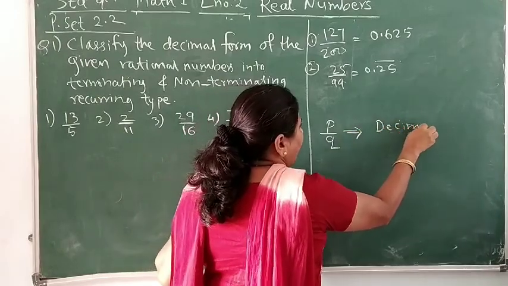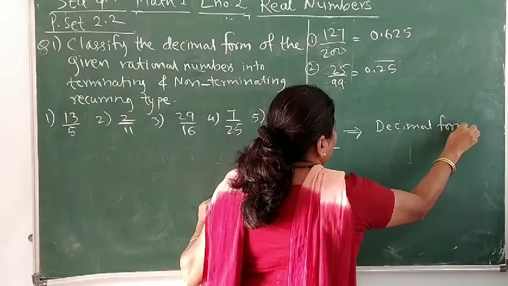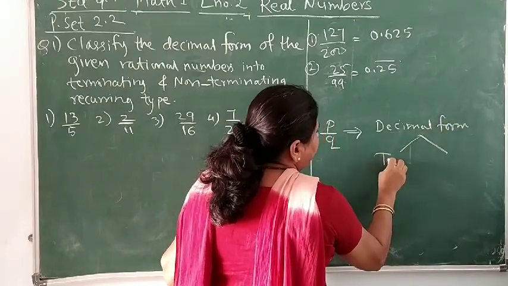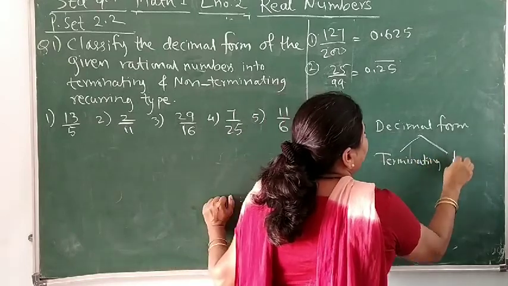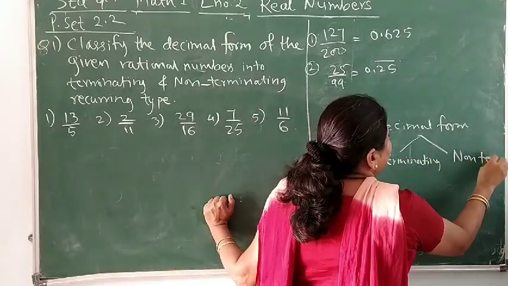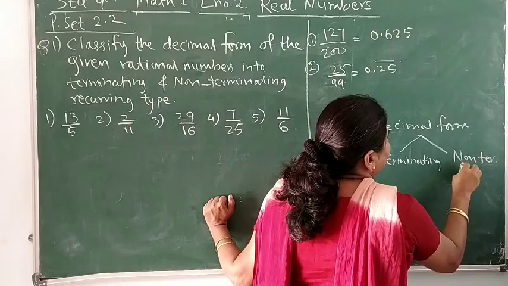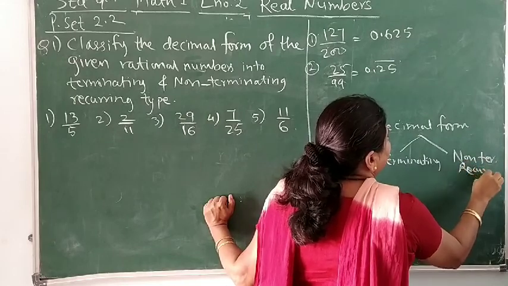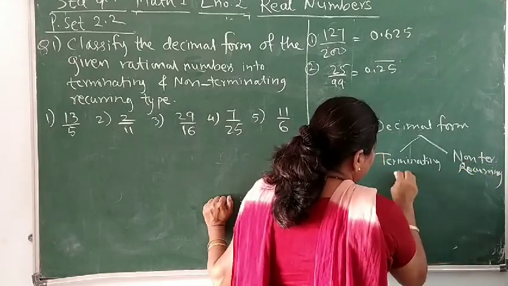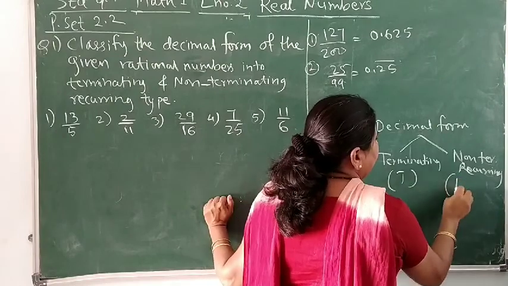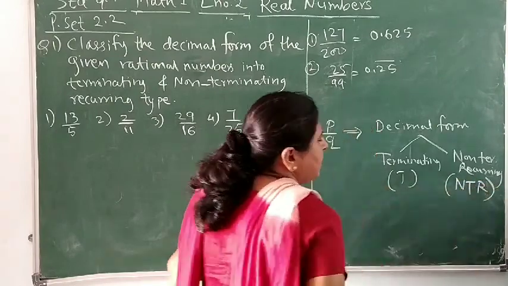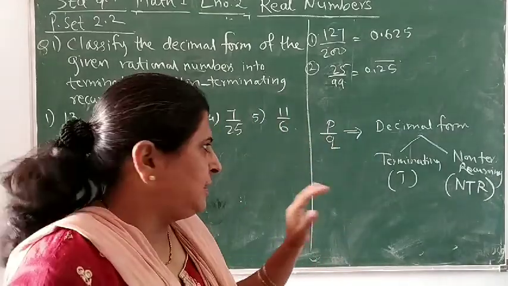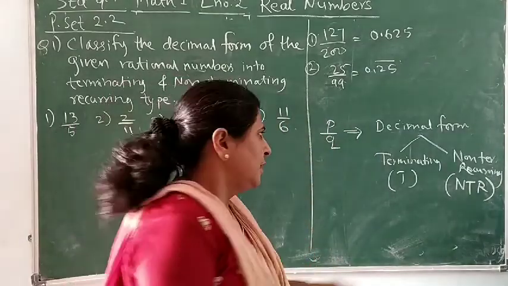And the decimal form is either terminating, or non-terminating but recurring. Terminating, in short we will call T, and non-terminating recurring, NTR. So it's T and NTR. We will use these short forms in this video.